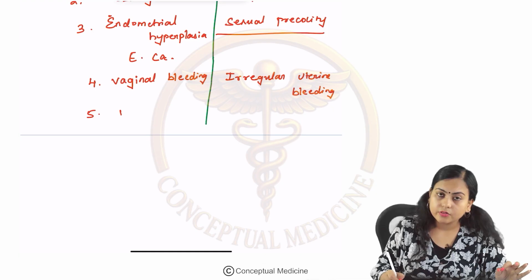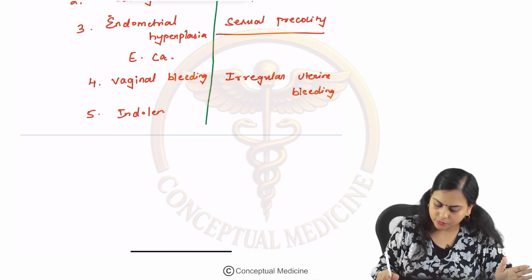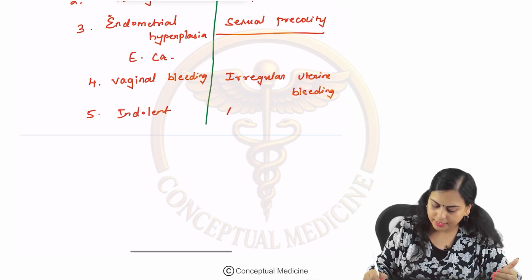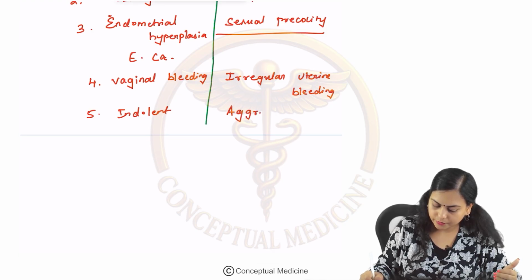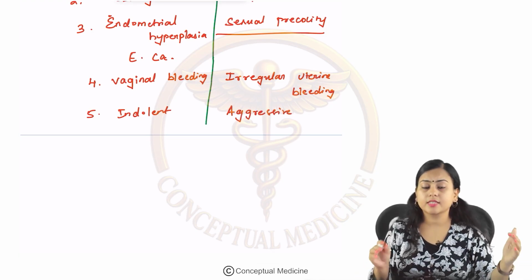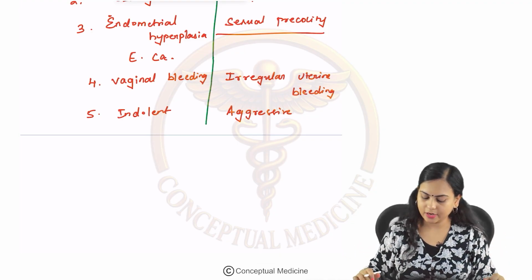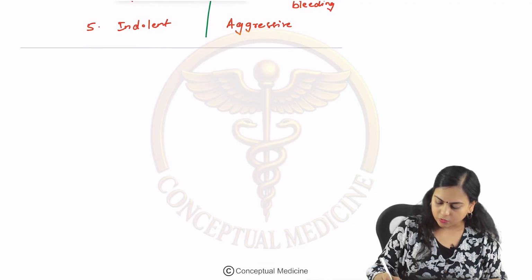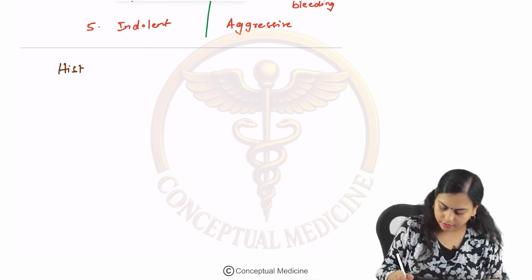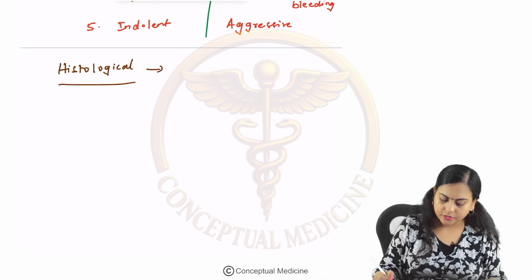Okay. So, in the first group, these tumors are indolent, whereas in the juvenile group, these tumors are aggressive. Aggressive in the sense there will be even death within 3 years of diagnosis. Clear? Right. Now, let's talk about the histological features of these tumors.